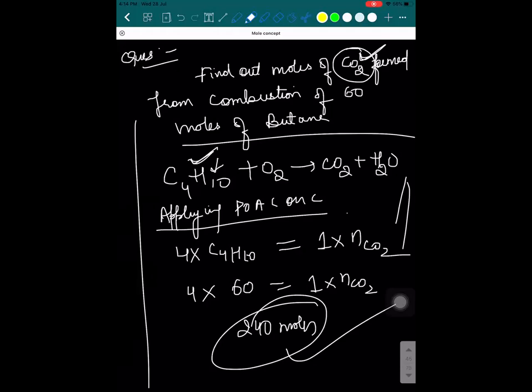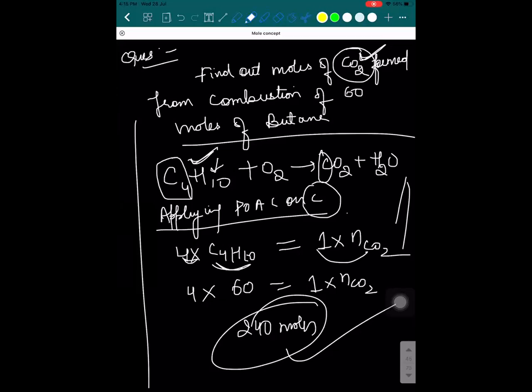Ma'am, I didn't understand, like, why did you take 4 into C4H10? Actually, Prasanna, I am applying POAC on carbon. So here there are 4 carbon into moles of C4H10, okay, na? And 1 carbon into moles of CO2, isn't it? Yes, ma'am.